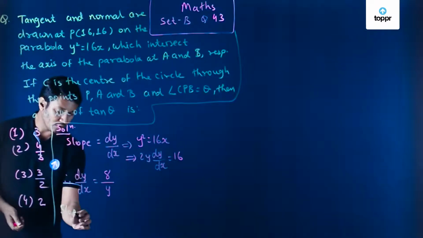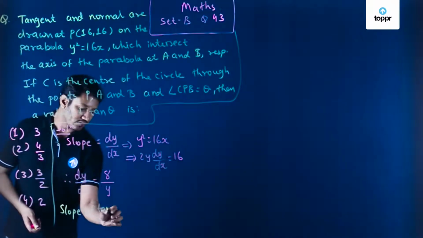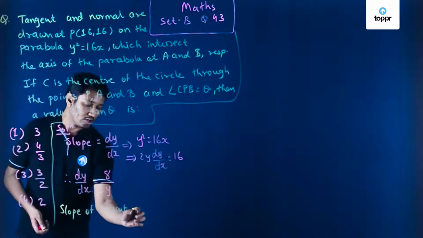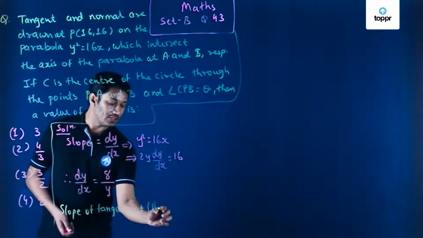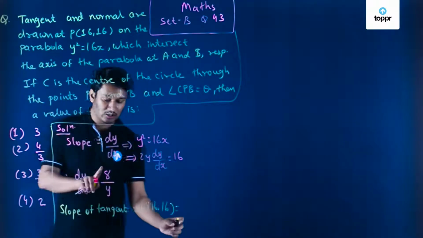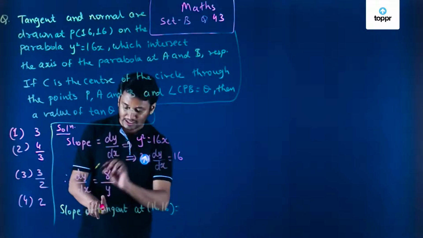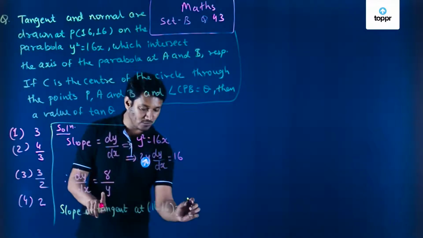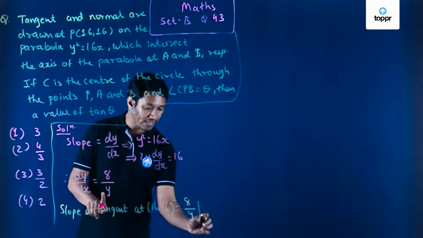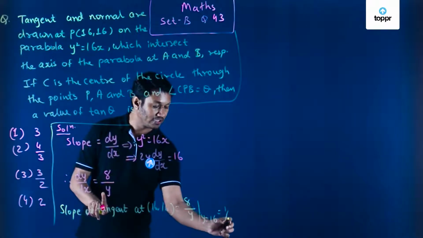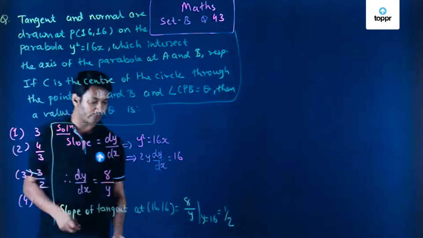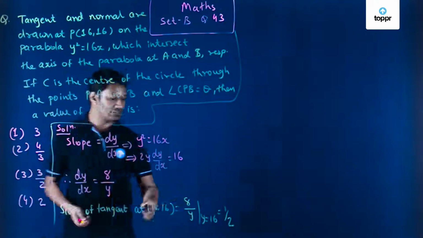Slope of tangent at (16, 16) will be dy/dx at x = 16, y = 16, which will be 8/y at y = 16, and that will be nothing but half. 8 by 16 will be half. So slope of tangent becomes equal to half.